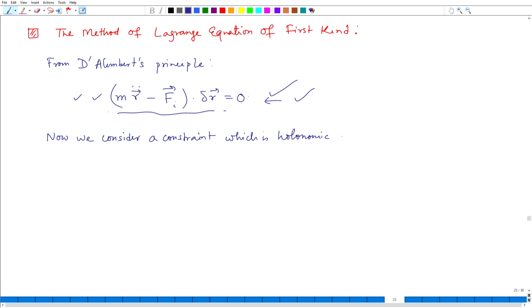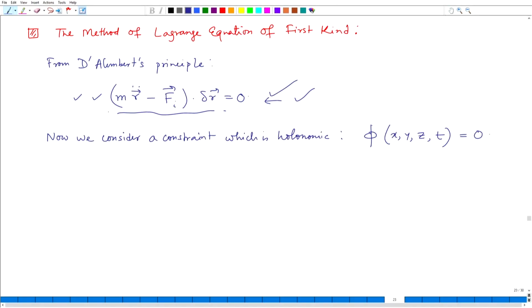Holonomic means that there should be a function phi which can involve at most all these 3 coordinates and t, equal to 0. Let us say I am just talking of a very simple system, one single particle moving in 3D space with one holonomic constraint, given by this.